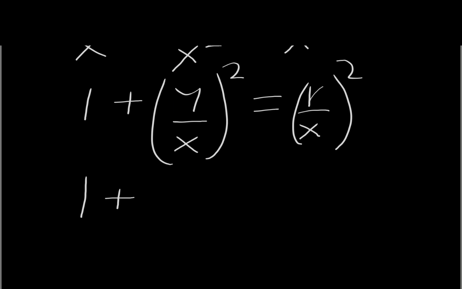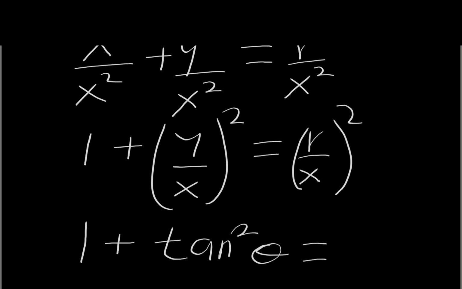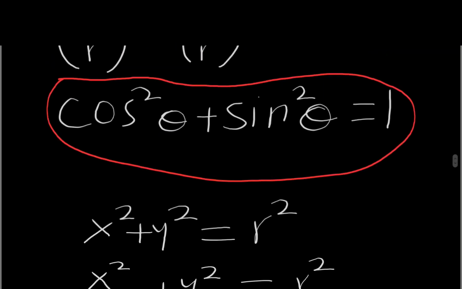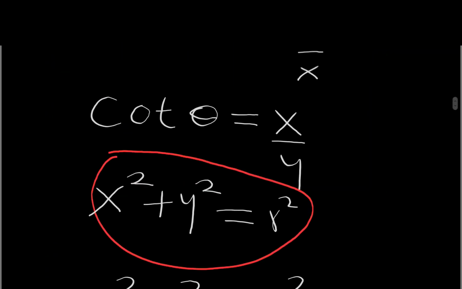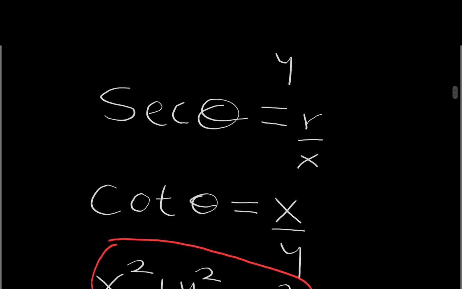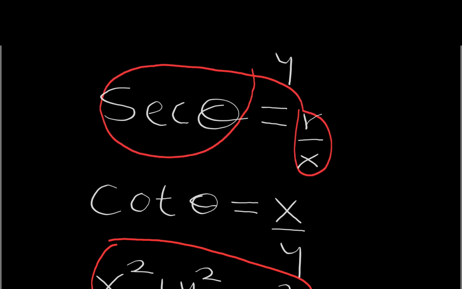So I have tan squared theta to be equal to r over x. So let's check r over x. So clearly r over x is sec theta.